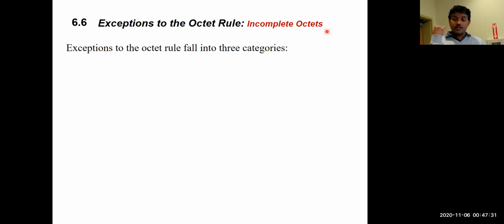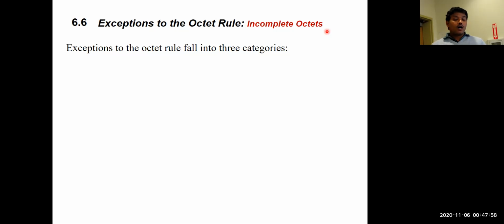The main group period 2 elements are carbon, nitrogen, oxygen, and fluorine. Only these elements must have 8 electrons whenever you draw Lewis structures. Let me repeat again: carbon, nitrogen, oxygen, and fluorine must have 8 electrons, unless it is discussed under exceptions. If you do not follow this, something is wrong or it falls under exceptions.